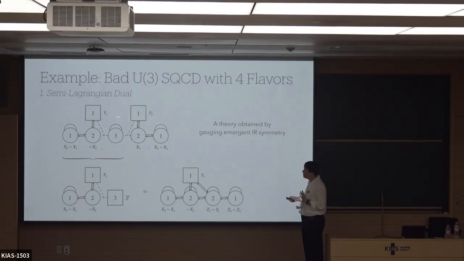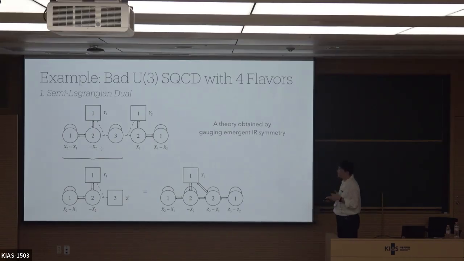So I would say it's a semi-Lagrangian dual. What do I mean by that? I call this theory a semi-Lagrangian dual because this is a theory obtained by gauging emergent IR symmetry of Lagrangian theories. If you look at this part, it looks like this. I obtained this theory by gauging 2 copies of this component.